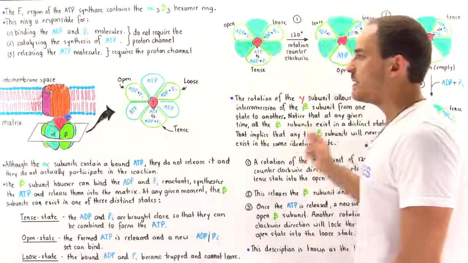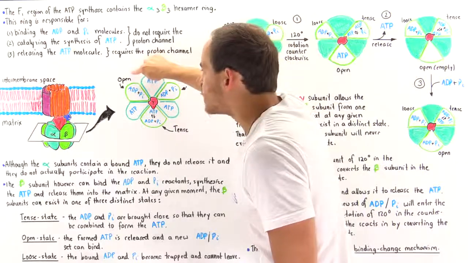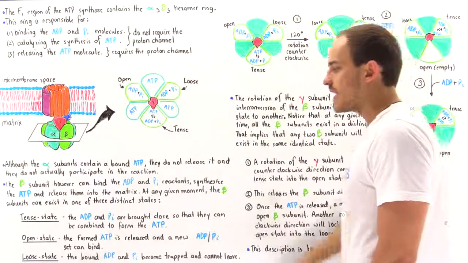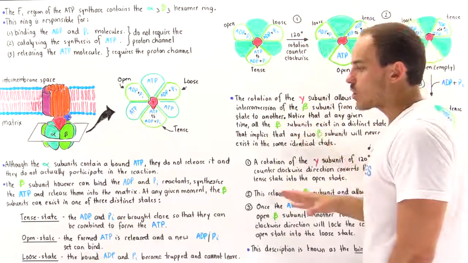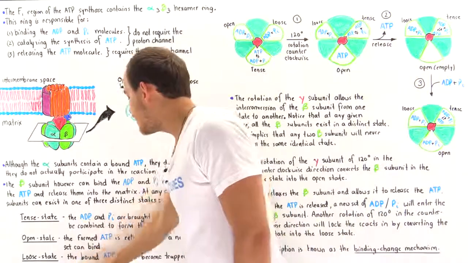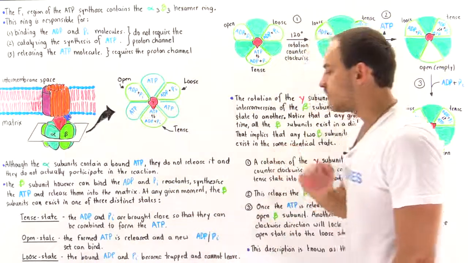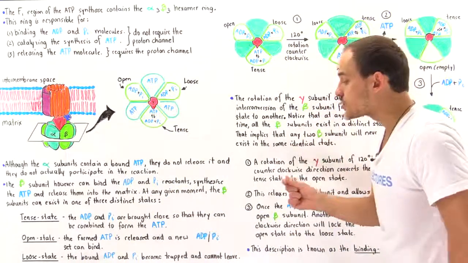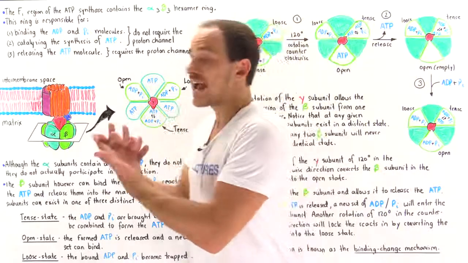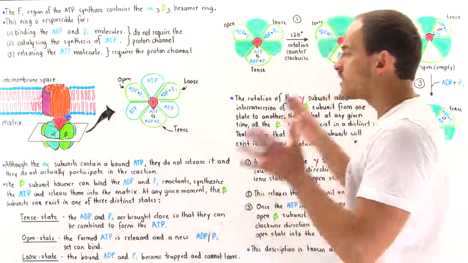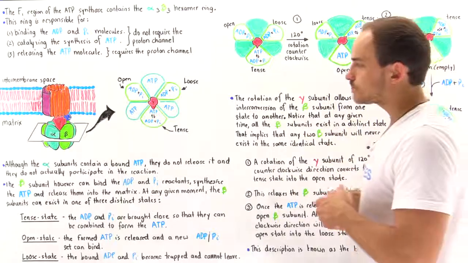And once the ATP is formed, only once the subunit is in the open state can the ATP be released from that structure. Now, in the loose state, the bound ADP and orthophosphate become trapped, but they're not close enough to react and form the ATP. So these are the three states.